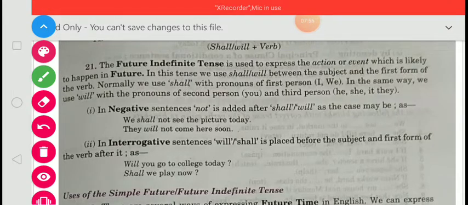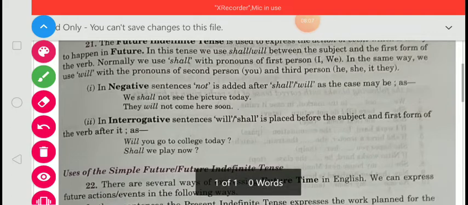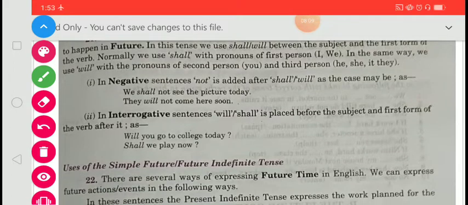In the same way we use will with the pronouns of second person you and third person he, she, it, they, etc. In negative sentences not is added after shall, will, as the case may be.